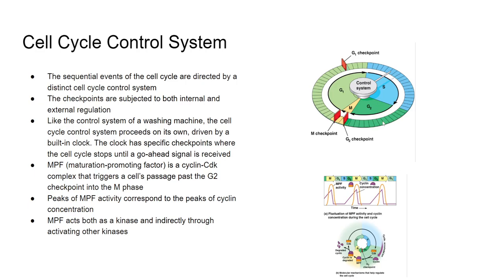So in order for a cell to make it past the G2 checkpoint, it needs to pass the test of being mature. It needs to pass the test of being big enough and able enough to go into mitosis, right? Because the most important thing about mitosis is we're basically creating two new cells from one cell. If that one cell doesn't have enough nutrients to create two new cells, then it won't make it past the G2 checkpoint.